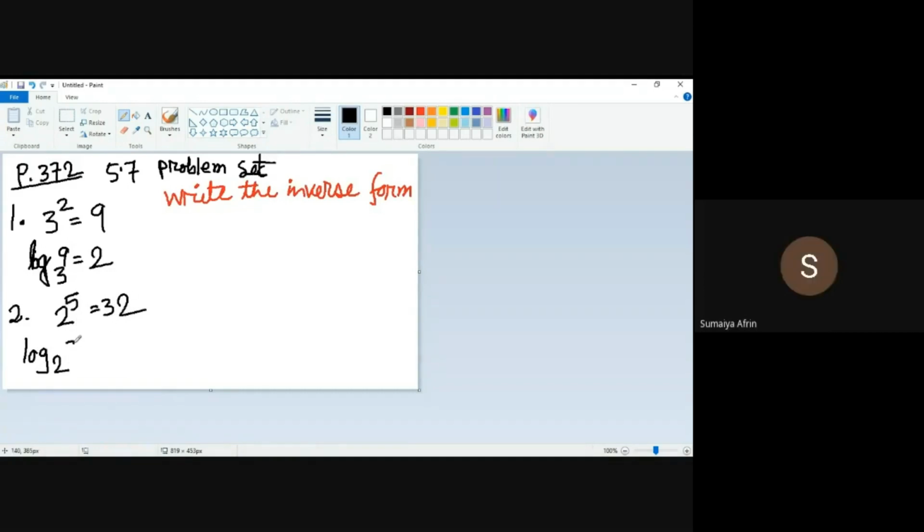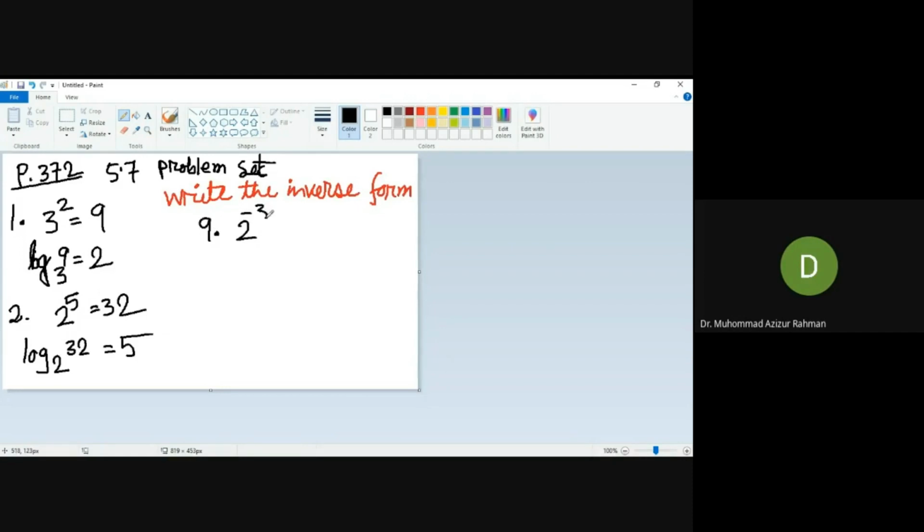Another one, problem 9, is given 2 to the power minus 3 equals 0.125.